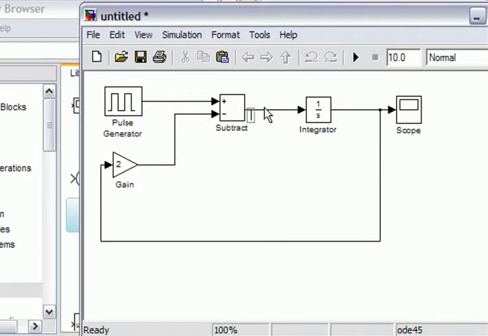The labels on the wire are inserted by double-clicking on the lines and typing in the text.